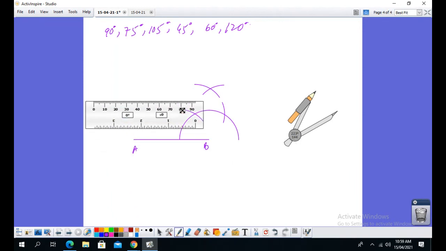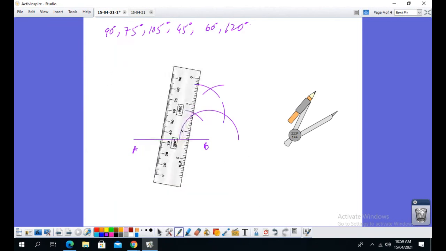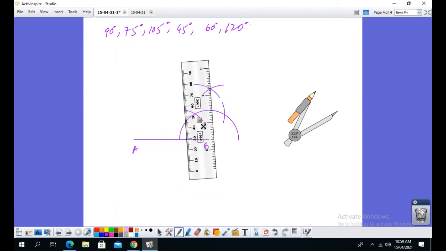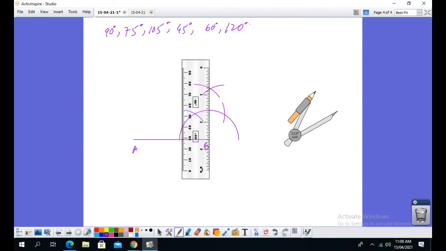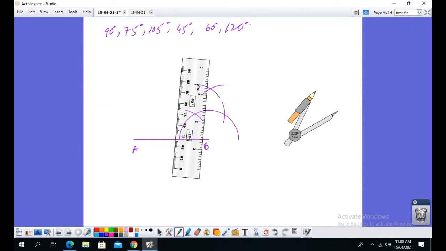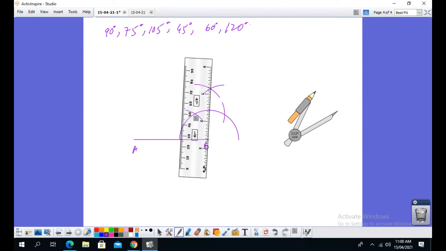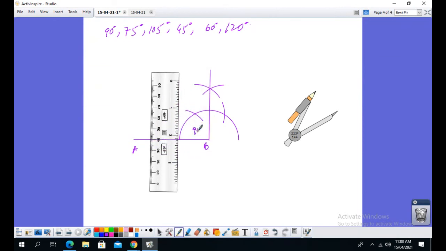So when we join these two, like this, and we draw a line, this line, this is of 90 degree.